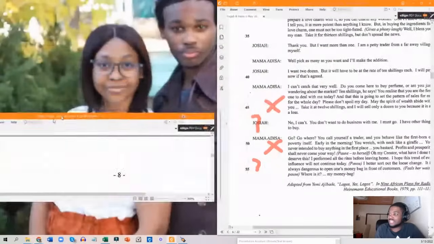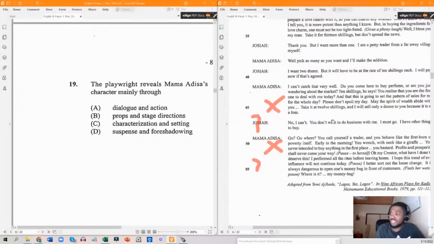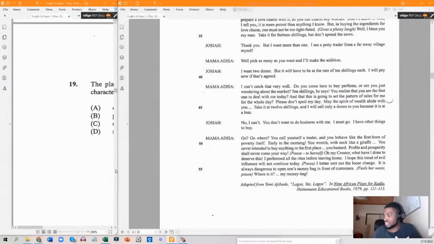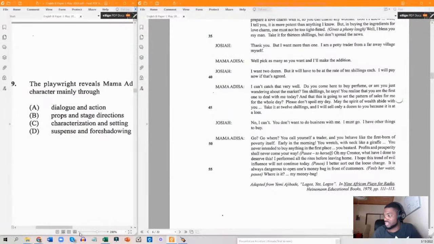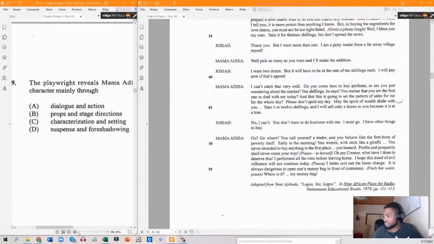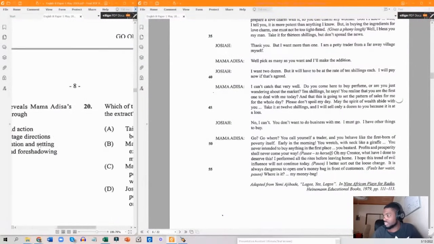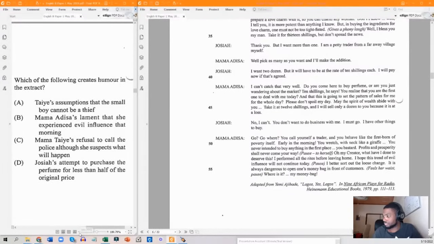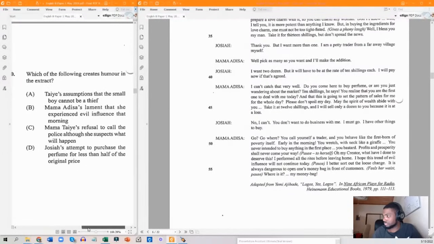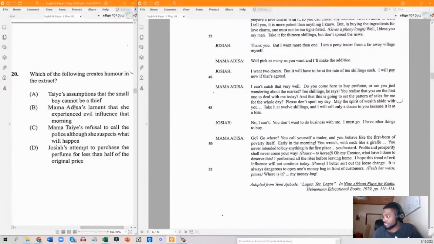So let's take a look at the passage again and see which one is actually more humorous. Where do we see some real humor? All right, so number 20. Let's look at D first.